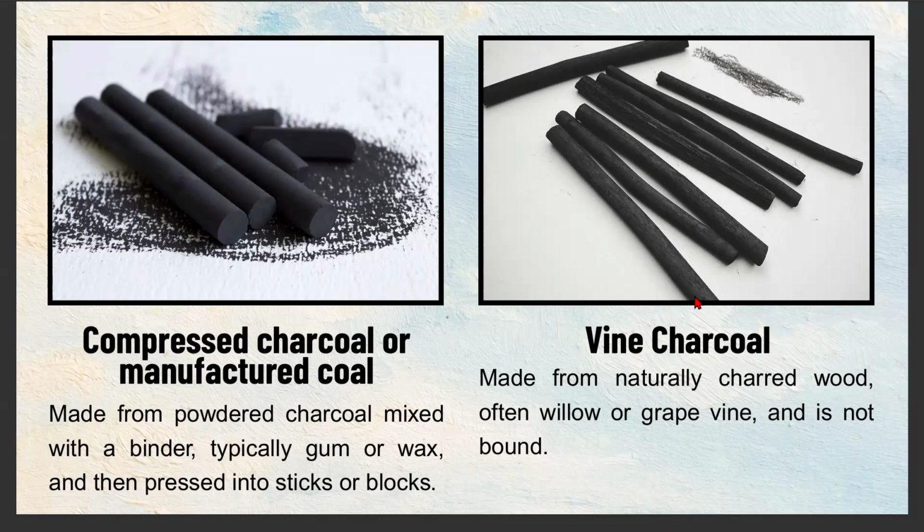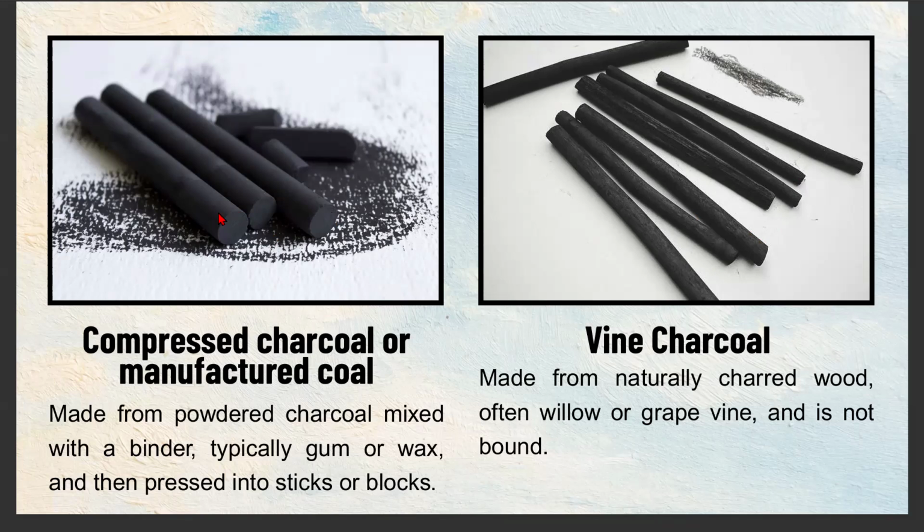Moving forward to the vine charcoal. Vine charcoal is a type of charcoal that is made of natural wood, compared to the manufactured charcoal, which is mostly common in darker tones. Vine charcoal is used for light and soft markings.